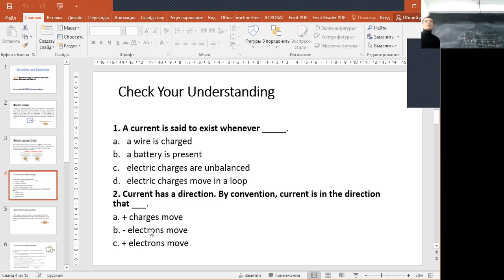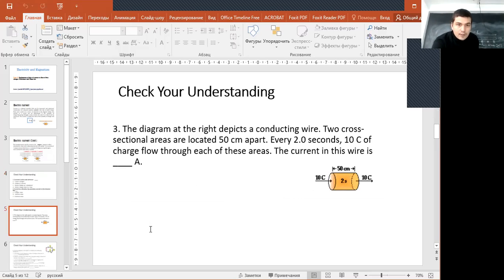If the wire is metal and the negative electrons are moving in this direction, the electric current can appear there. So the answer is B, negative charges. Okay, next one.